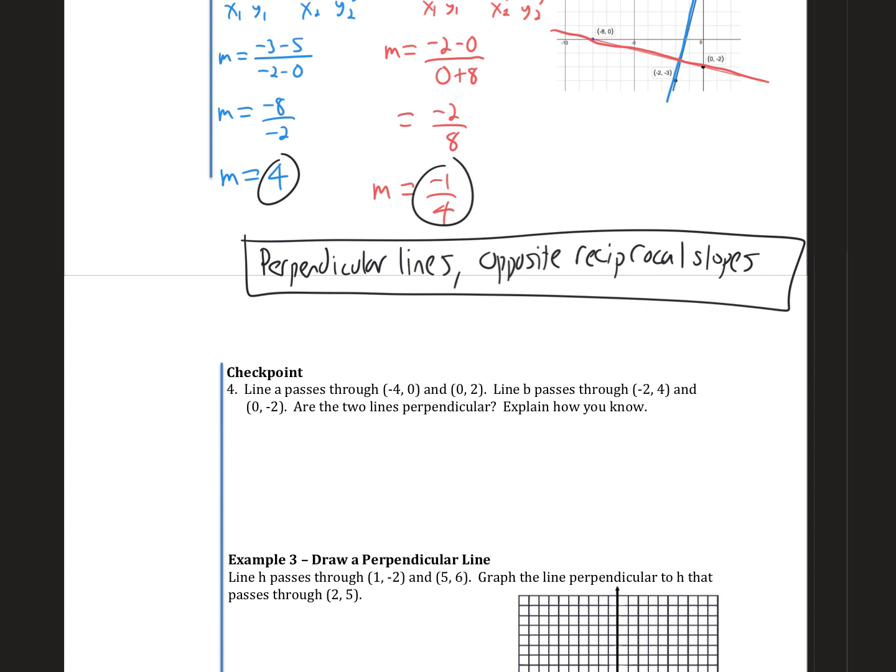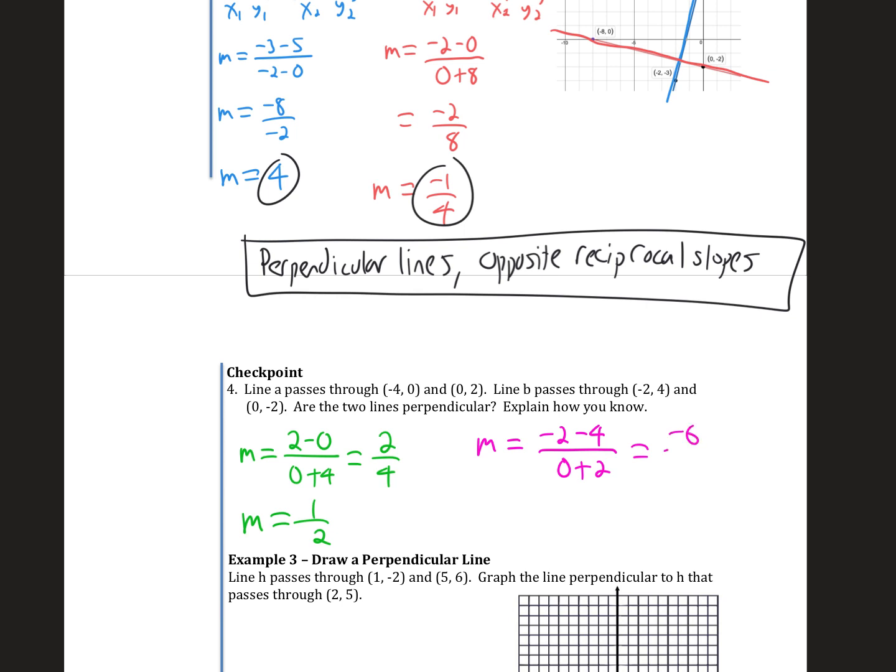All right, so for checkpoint 4, the slope of the first one would be 2 minus 0 over 0 plus 4, which equals 2 over 4, which equals 1/2. And the slope of the other line should have been m equals negative 2 minus 4 over 0 plus 2, which equals negative 6 over 2.